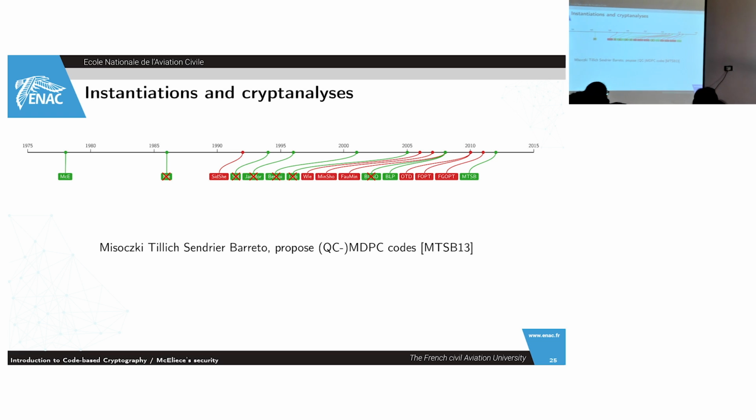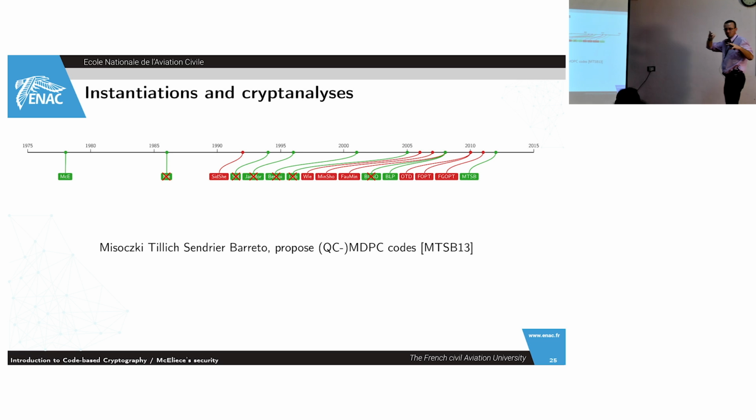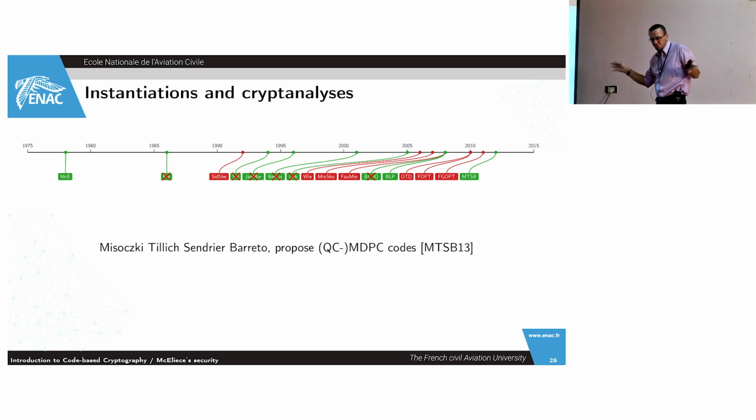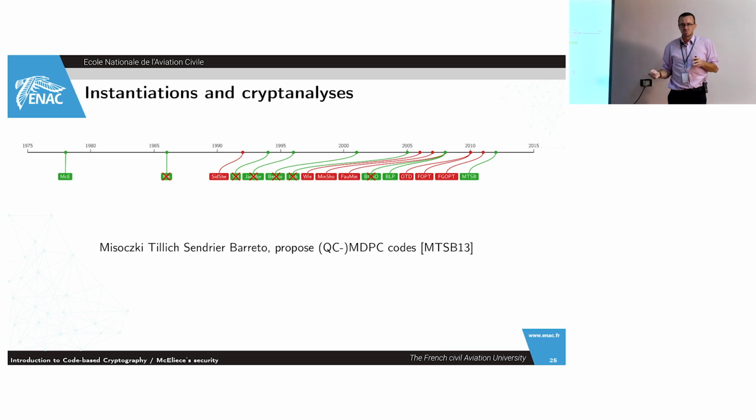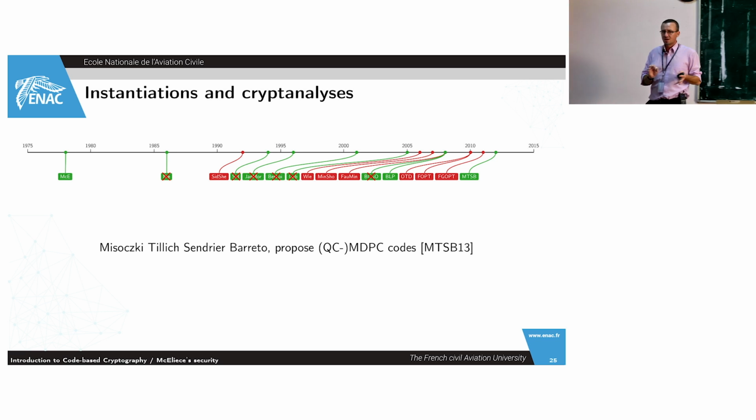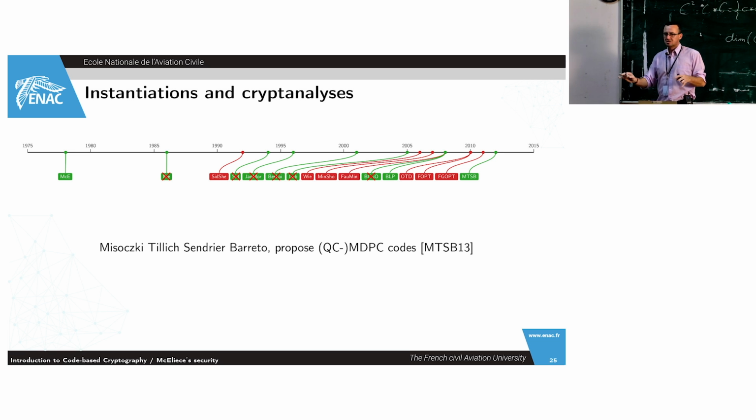But at some point, NIST asked the BIKE team to reduce their different versions, and after long discussion we finally selected one version of BIKE, which was BIKE-2, now called only BIKE, and this is QC-MDPC, with several improvements, but roughly this is QC-MDPC.